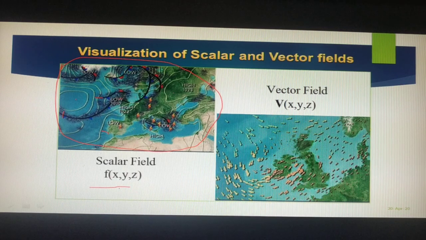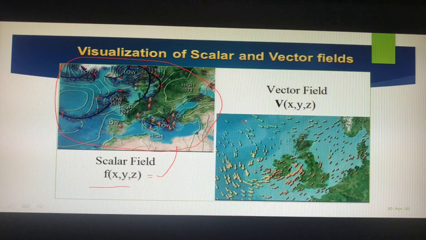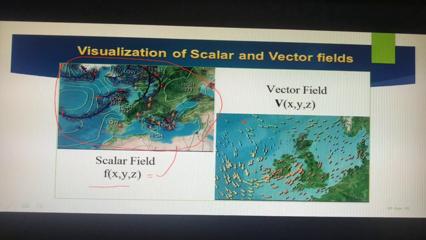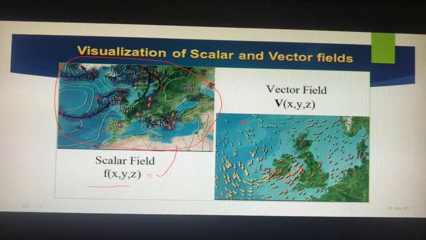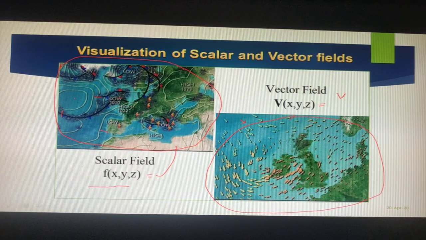If I send some points to this function f of xyz, I will get some scalar value, so this whole field we will consider as a scalar field. Similarly, if you see in this diagram, there are some arrows. The small arrows tell you that in that particular direction a fluid or something is flowing. So when I send a point to this function, I will get some vector in some particular direction, so this whole field together you can consider as a vector field.